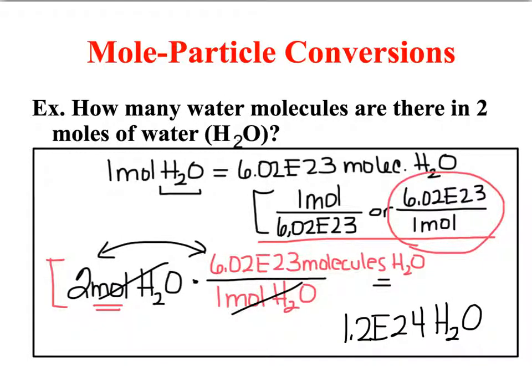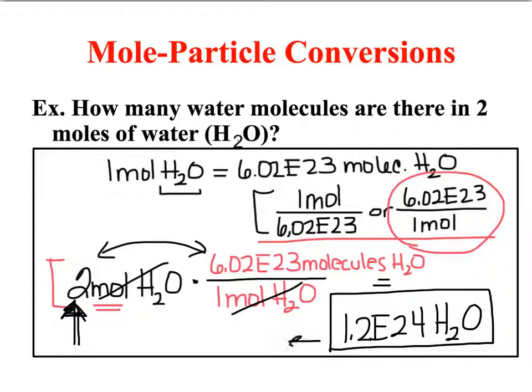Technically, our significant digits are based solely on our original measurement, which was 2 moles. So in reality, this answer would be 1 times 10 to the 24th water molecules. This technically would be our answer.